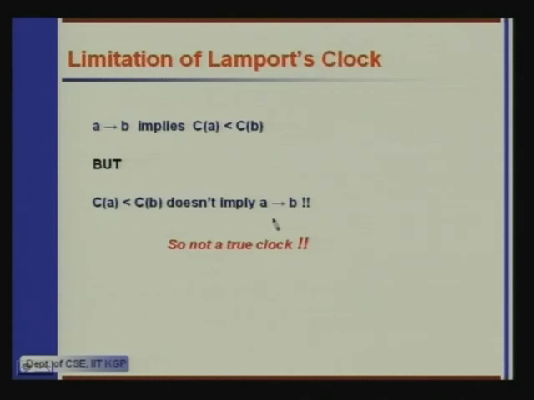Now, there are cases which we shall see, particularly for ordering messages, where we also need to know the reverse, that whether given that C(a) is less than C(b), we should be able to show that a has happened before b.